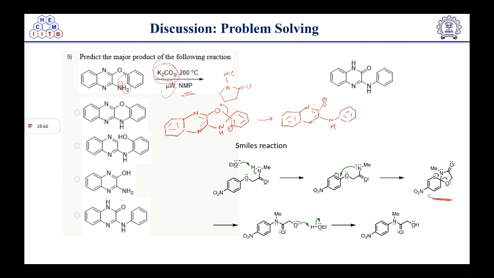Now it will undergo tautomerization or protonation and give this as the product. Understood the mechanism? I hope you understood, and try to solve it yourself; you will get more clarity. The correct answer is option number 4. The intermediate is a cyclized intermediate, but the ring opening will take place, which will give you the product.